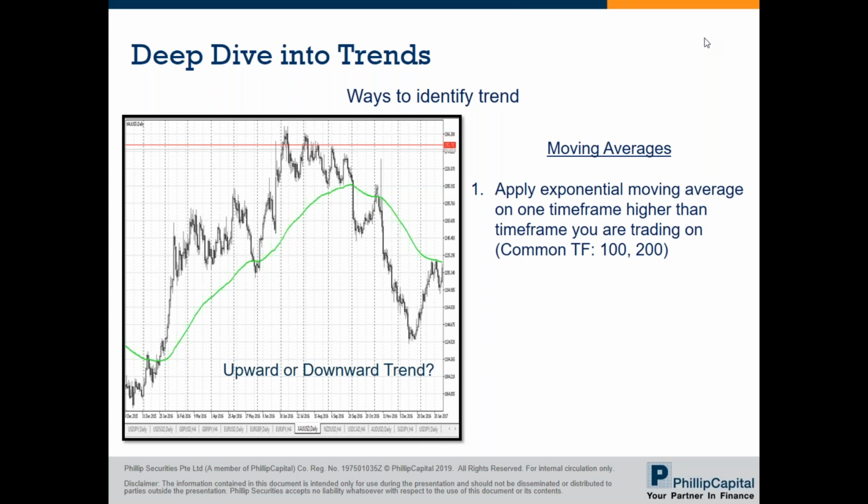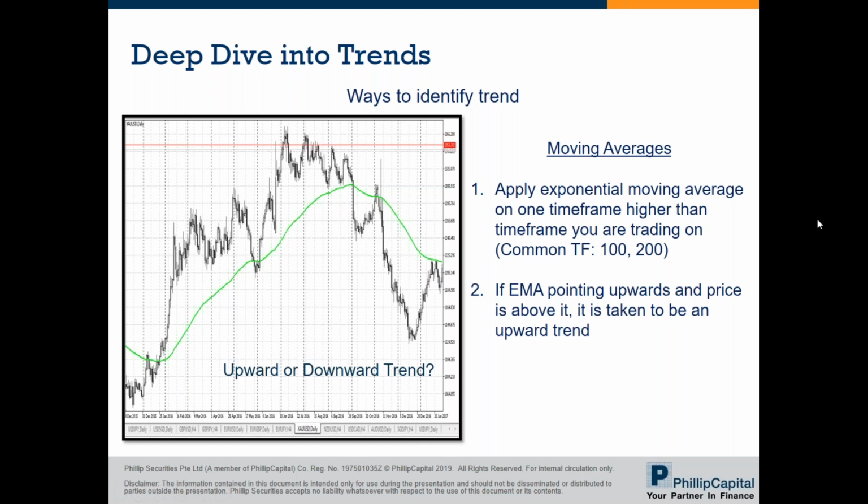So over a time frame, let's say 1 hour or 4 hour, you would want to identify the trend. This gives you a better understanding of what the trend is. A common exponential moving average time frame to use would be the 100 and the 200 exponential.